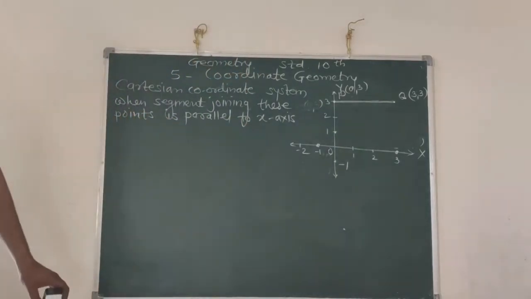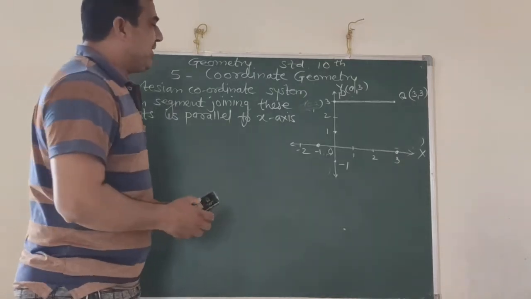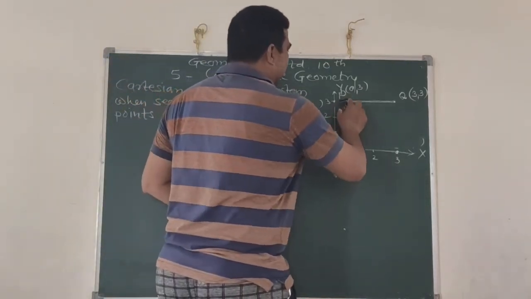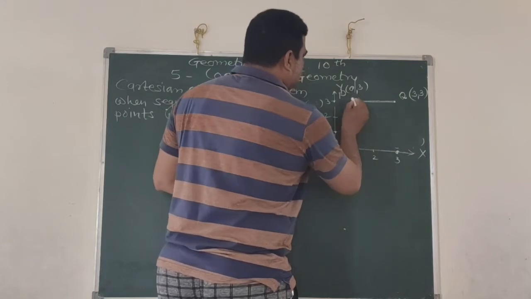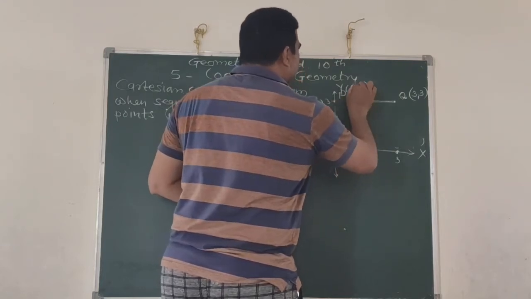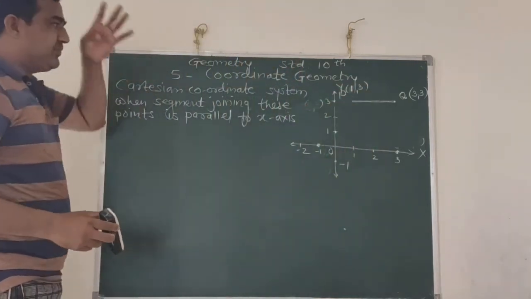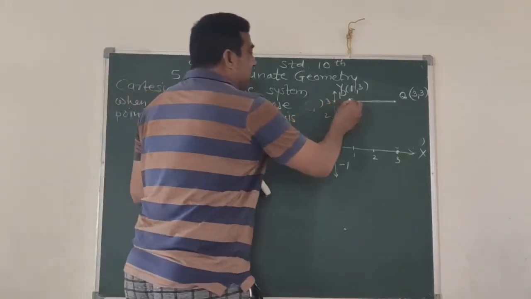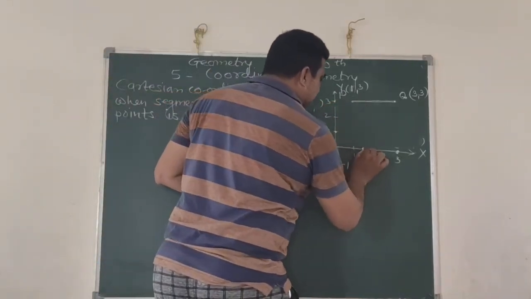Now that is parallel. So instead of considering from point P, I consider it from this point. Point P (1, 3) and point Q (3, 3). Okay? So here PQ is parallel to the x-axis.